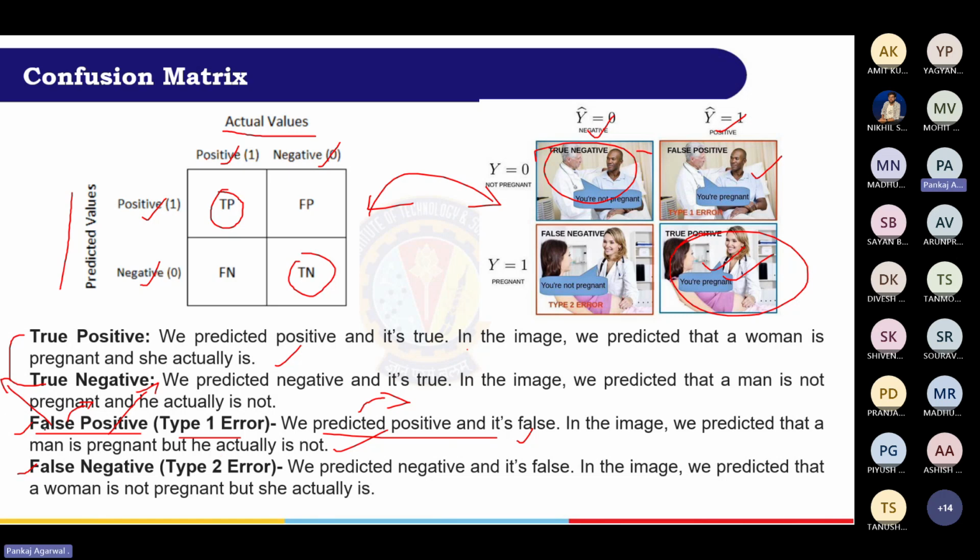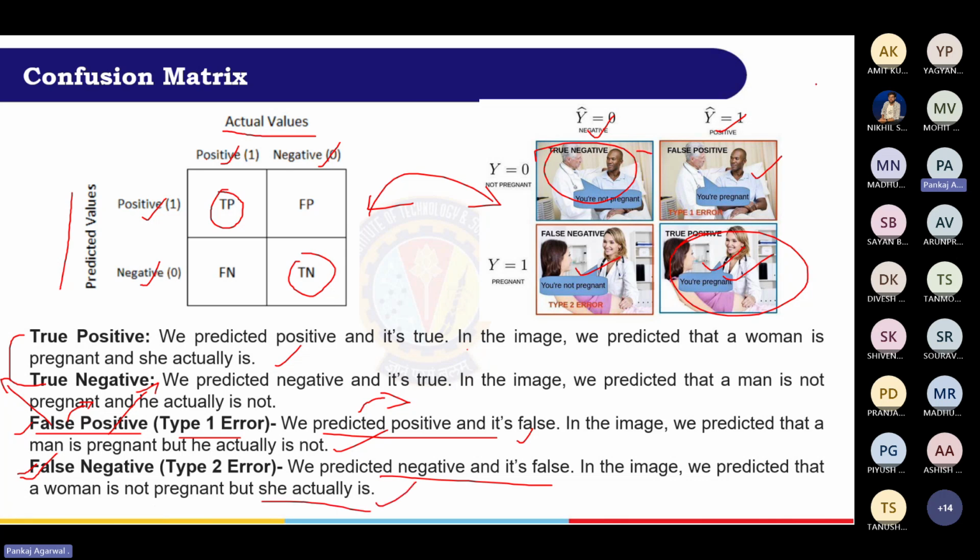In the first case, when you say false positive, we're talking about when the prediction is positive, but it came out to be false. The second time, the prediction is negative, but again it came out to be false because it was actually positive, right? If that is the case, then we would talk about the type 2 error. Like in this particular region, we predicted that the woman is not pregnant, but actually she was.